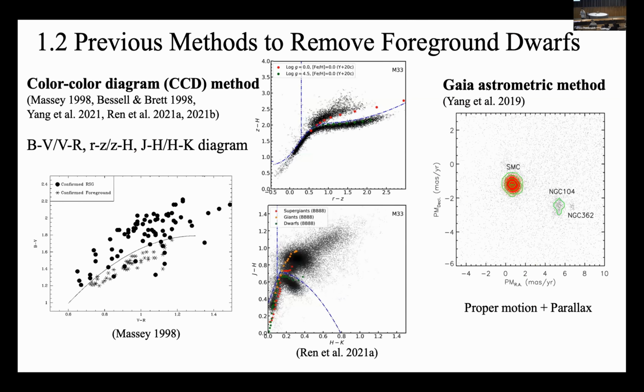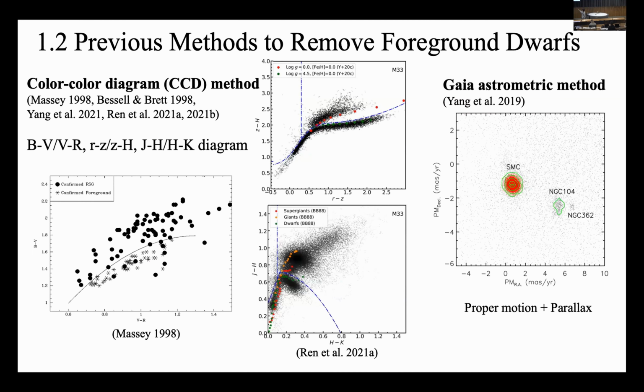So there are mainly two methods to remove the foreground dwarfs. One is the color-color diagram method, which we call the CCD method, such as the B minus V, V minus R diagram, the R minus Z, Z minus H diagram, and the J minus H, H minus K diagram. In each of these CCDs, we can see an obvious bifurcation between the RSGs and the foreground dwarfs.